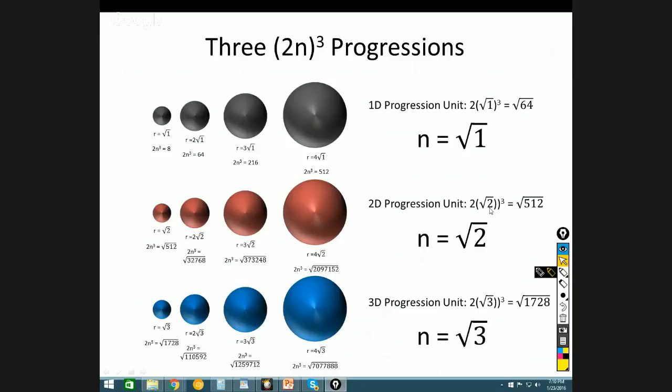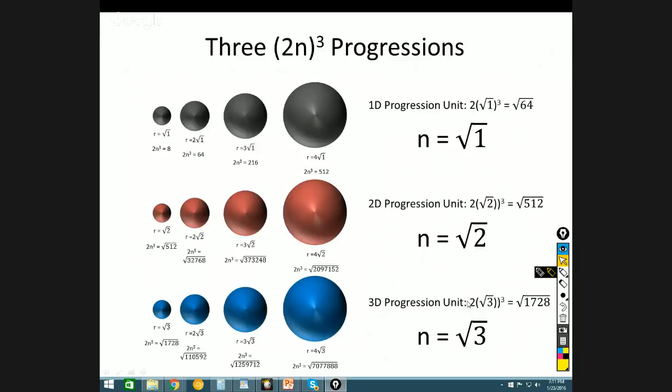So 2 times the square root of 2, cubed, would give us the square root of 512. And in the 3D case, in that cube, you have those 8 diagonals going out to the 4 top corners of the stack of 8 unit cubes, and then 4 more going down to the bottom 4 corners.